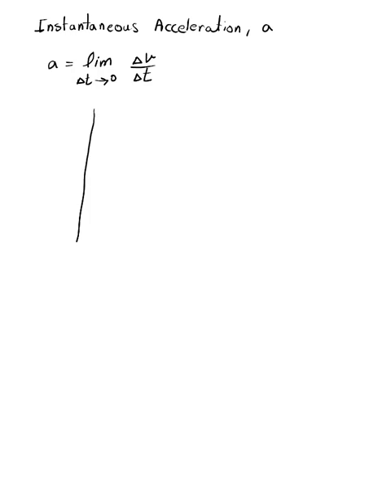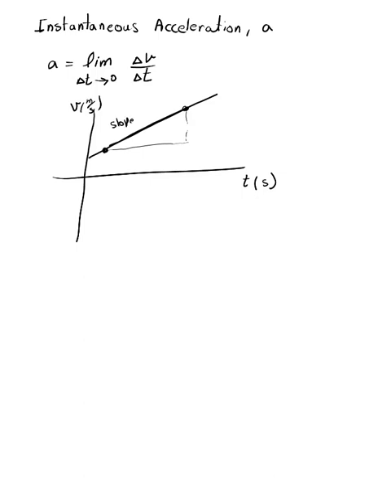So this means that if I have a graph of velocity versus time, with velocity in meters per second and time in seconds, and I choose 2 points, the slope here gives me the average acceleration.